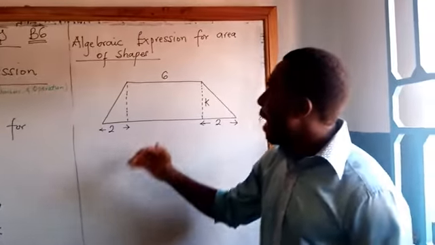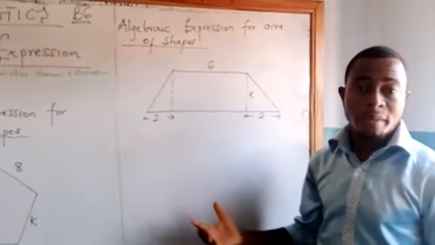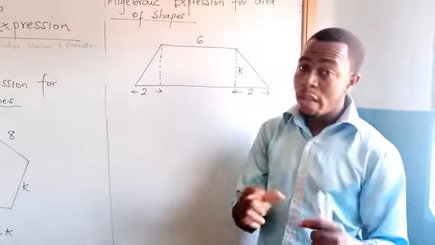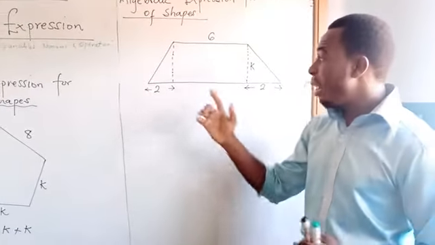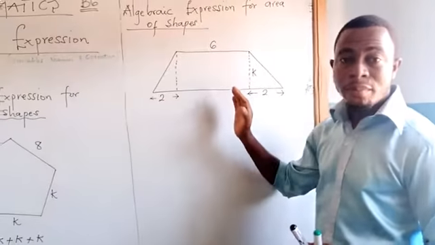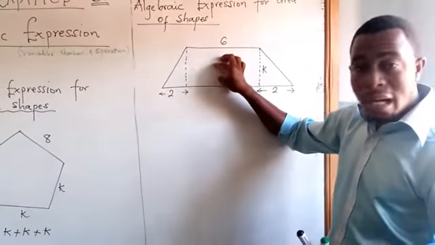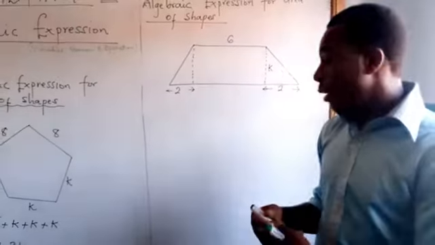So how do we use algebraic expressions to calculate for the area? First of all, you must know the area of a rectangle. You must also know the area of a triangle. So I'm going to start with a triangle, and then I'll work the rectangle. Let's see how it is done.